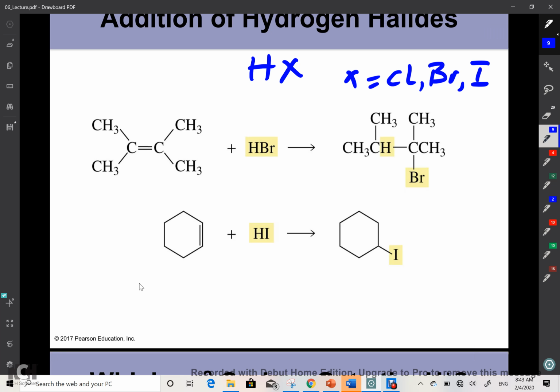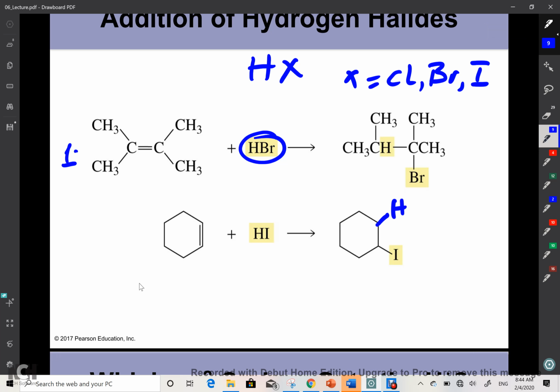So we have the first example over here. We have our double bond, and what we're simply doing is adding HBr. The hydrogen goes on one carbon and the bromine goes on the other carbon. The second example is the addition of HI. The hydrogen goes on one carbon, which is not shown, so technically there's a hydrogen there, and then the iodine goes on the other carbon.